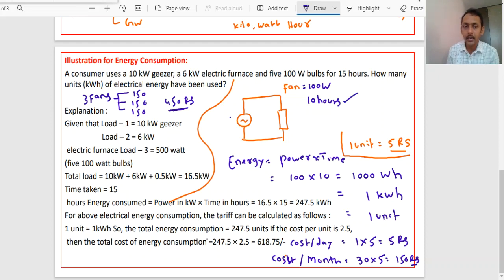Like that, depending upon the power rating and number of hours it is on, you can calculate the energy. If you express it in kilowatt hours and convert it into units, and you know the unit price, you multiply the units into the price and you will get the total cost.